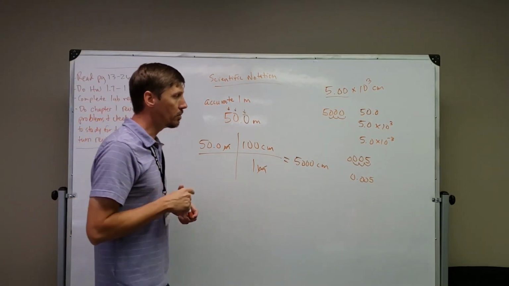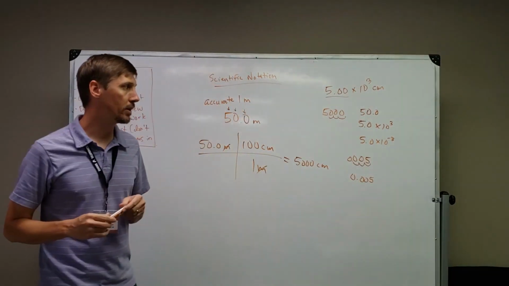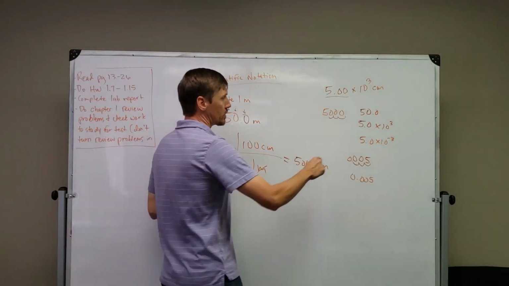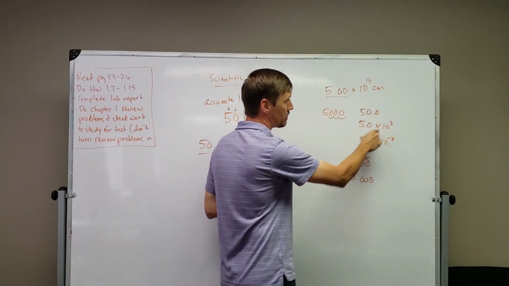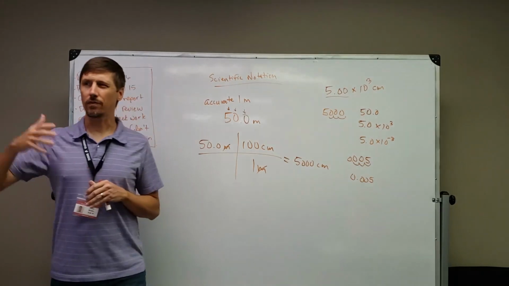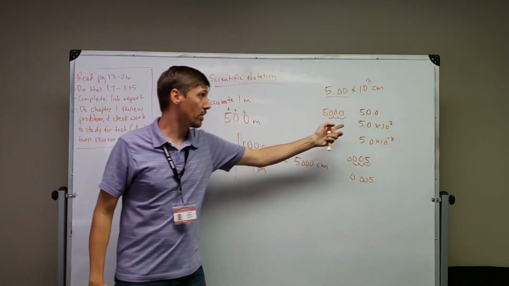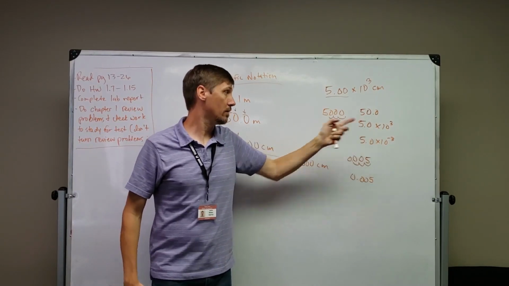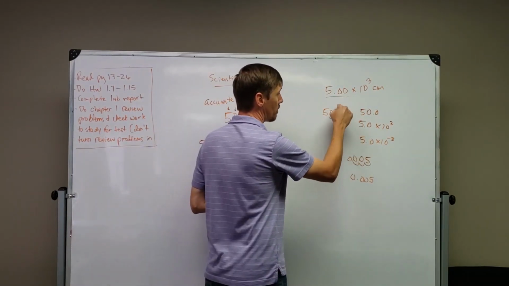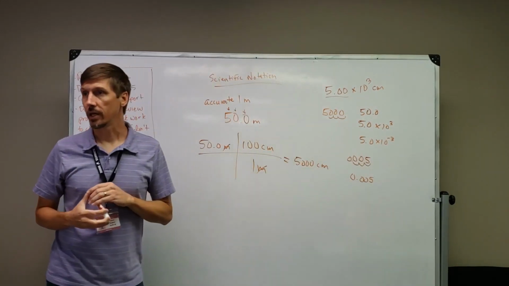And so the way that you can remember whether you're moving this decimal to the left or the right, whether you're making the number bigger or smaller, is when you look at this, 5.0, if I'm multiplying that times 10 to the 3rd power, is the final number, if I wrote it out in decimal form, going to be bigger or smaller than 5? It's going to be bigger, right? So if my original number is bigger than 5, then this is going to have a positive exponent.